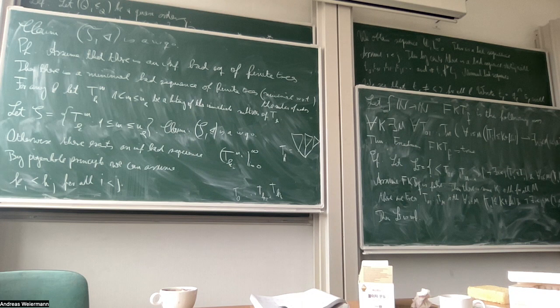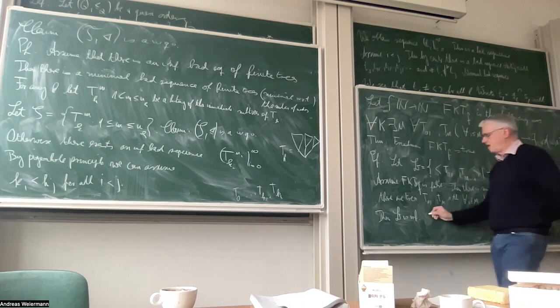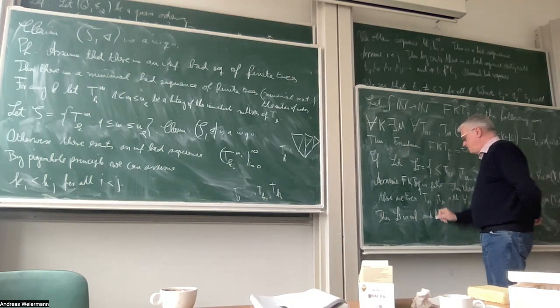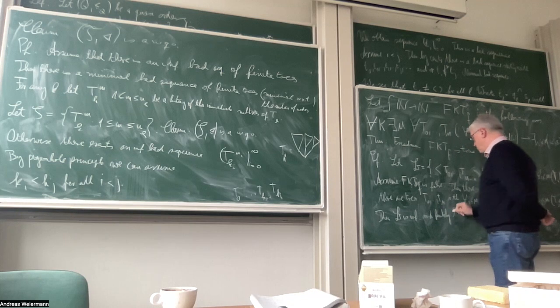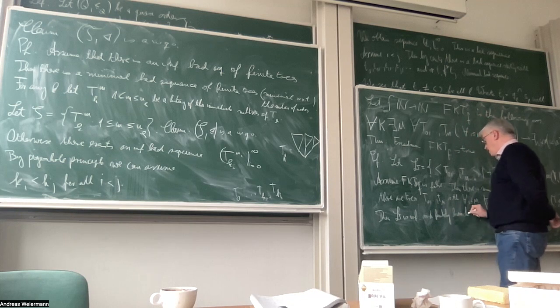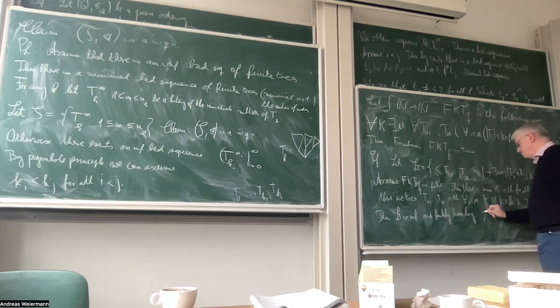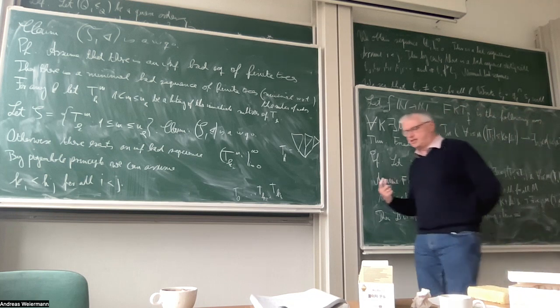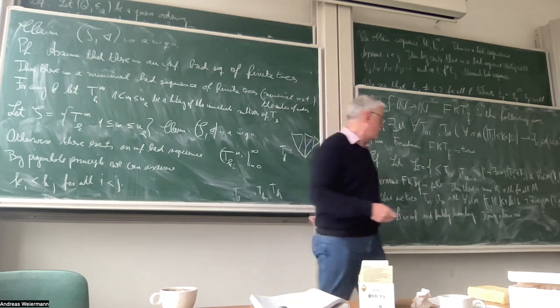So what you have is B is infinite and finitely branching. So you can apply Koenig's lemma, and this implies there exists an infinite branch in the tree.